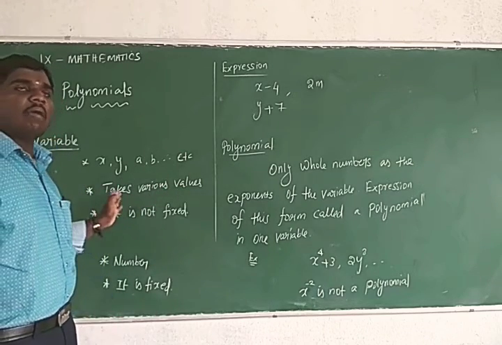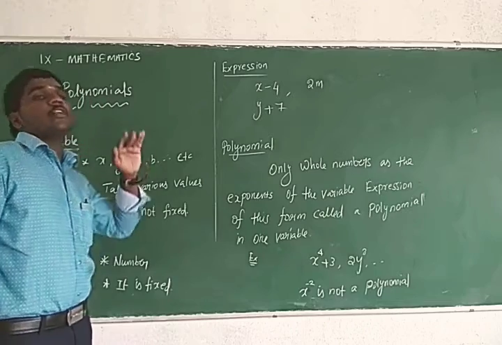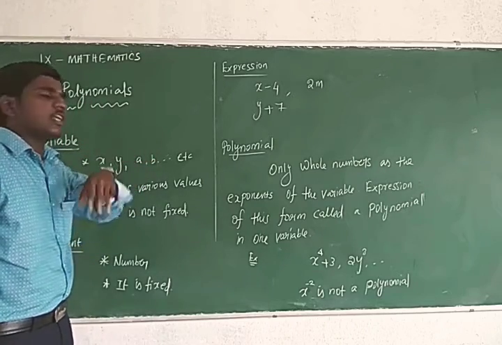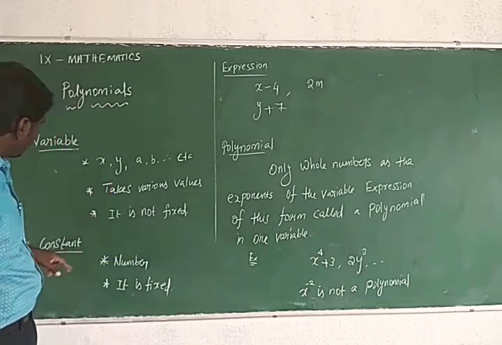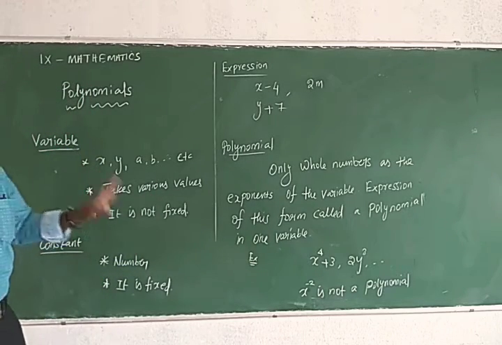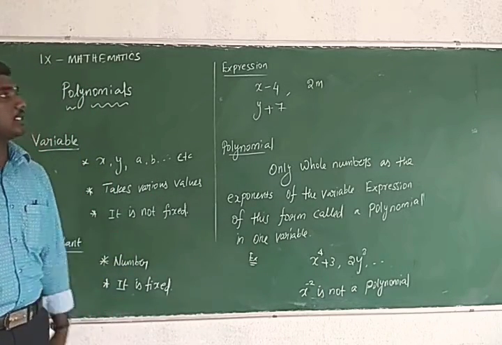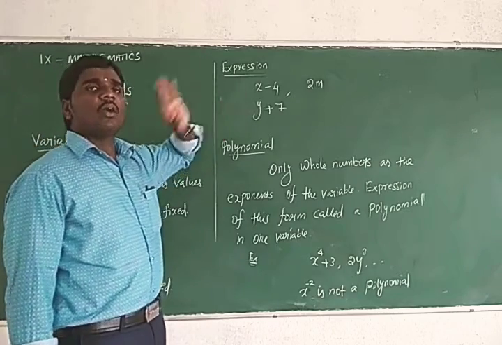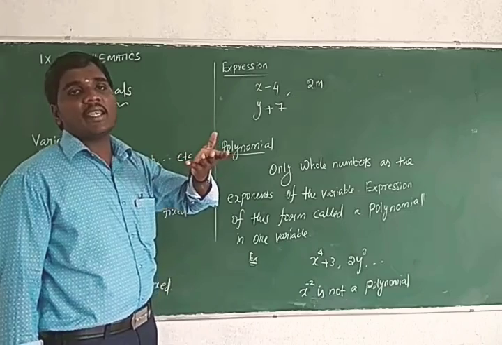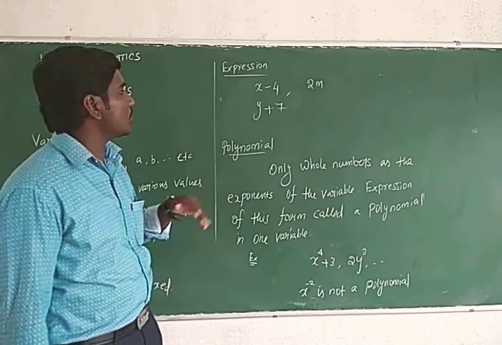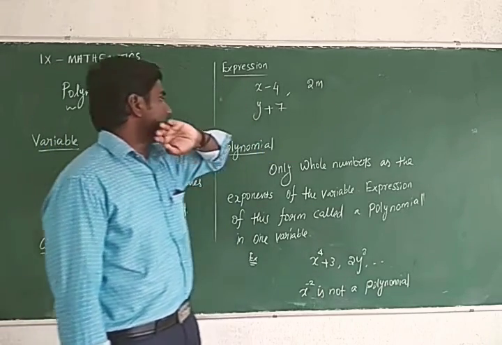Its value keeps changing; it is not a fixed value. Next, a constant is a number whose value is fixed. Next, an expression is variables and constants with some operation: plus, minus, multiplication or division. These are called expressions.